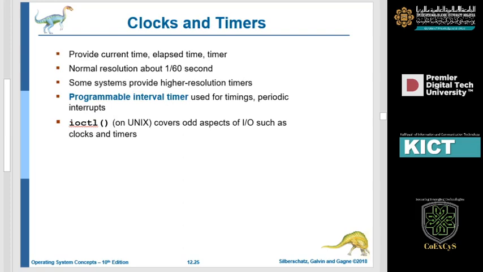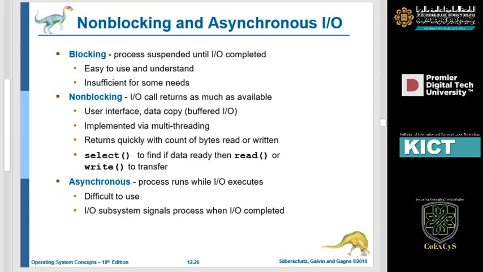Clocks and timers, basically there are things that you can program that provide certain time on the computer, and they can also trigger some kind of interrupt into the system. Most of the IO can be either blocking or non-blocking. When we say blocking, a process is suspended until IO is completed. With non-blocking, IO calls return as much as is available, right?